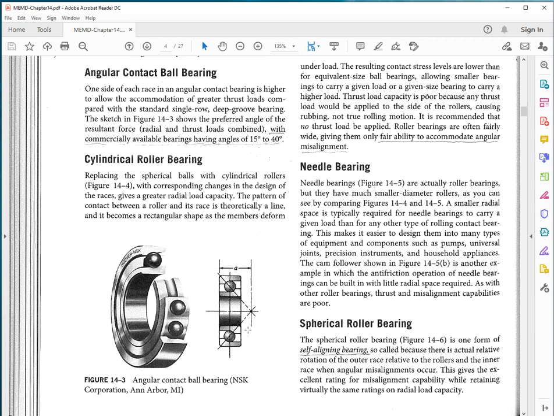You see them in several places on bicycles: the pedals, the wheel bearings, as well as the front wheel fork and handlebars. They are on a pair of this type of bearings, angular contact bearings.